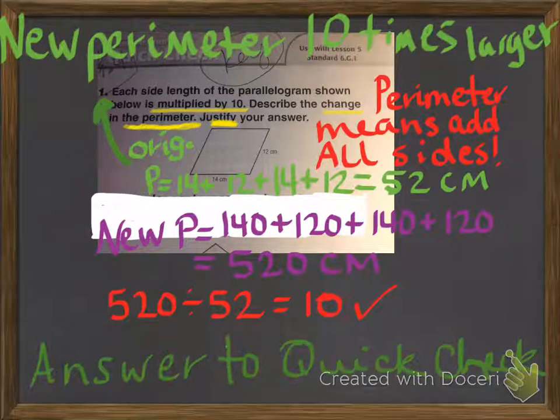When you add that up, you get a total new perimeter of 520 centimeters. So you found the old perimeter, 52, you found the new perimeter, 520. Show that with the division, like you see here. And when you divide, you should come back to 10 because you multiplied by 10. So this is the answer to number 1 on the quick check.